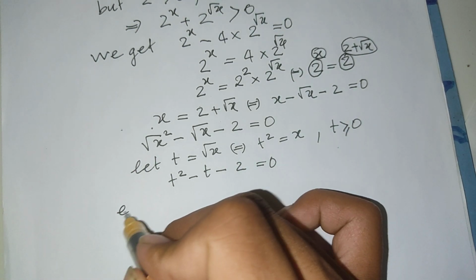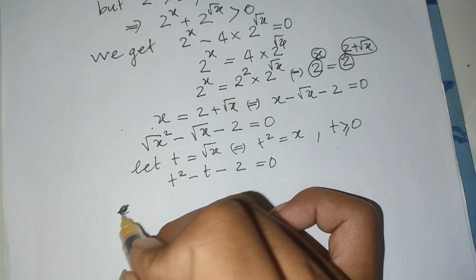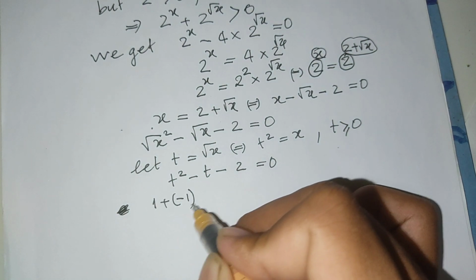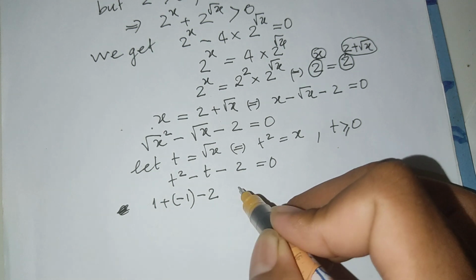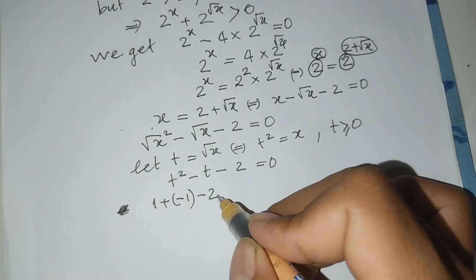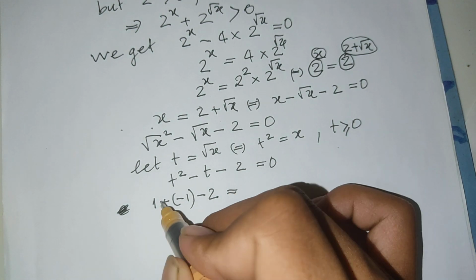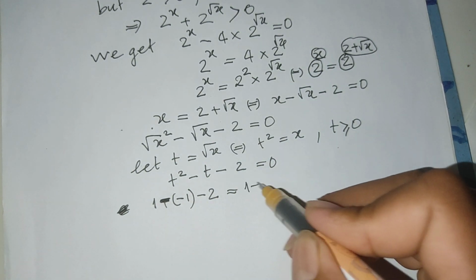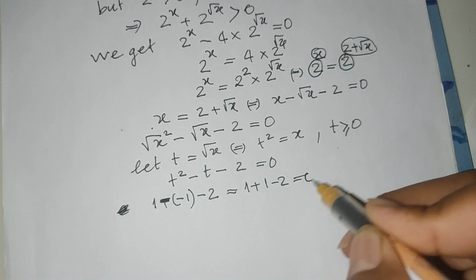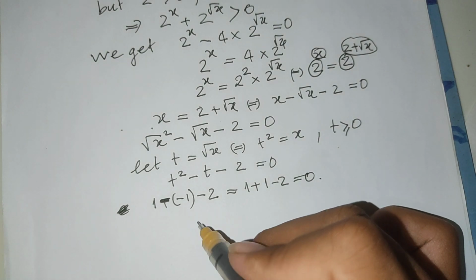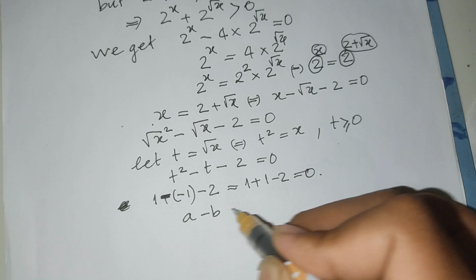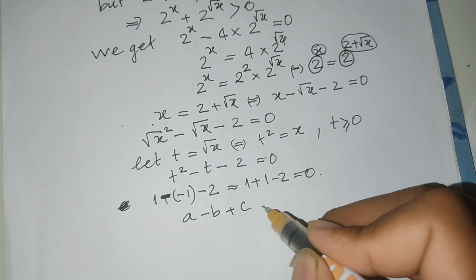Okay, let's see. 1 plus minus 1 and minus 2 is not 0, but if I write it as a minus b plus c, that is 1 plus 1 minus 2, which equals 0. So it verifies the formula that a minus b plus c equals 0.